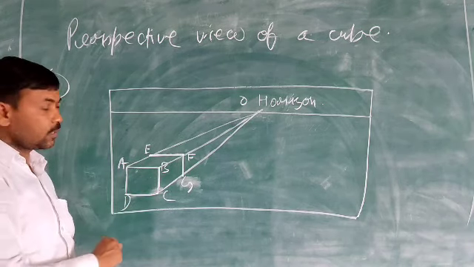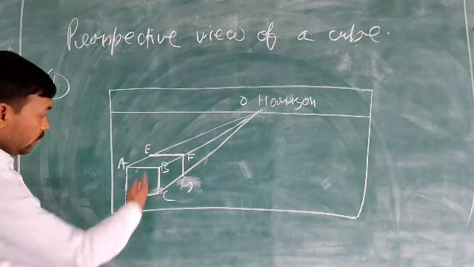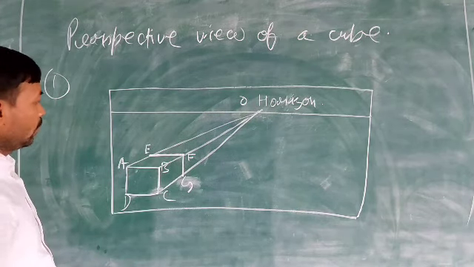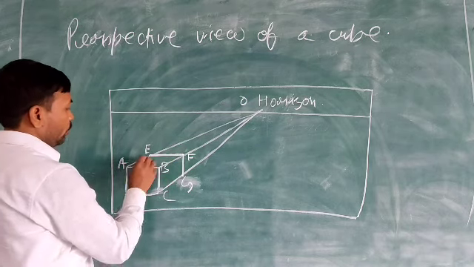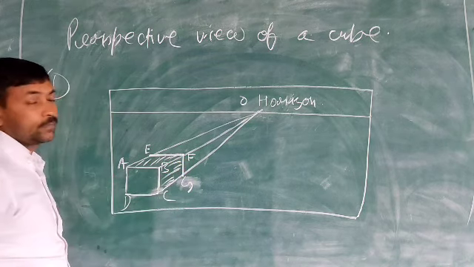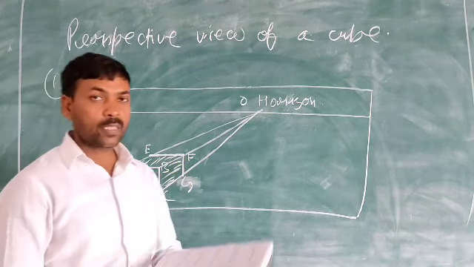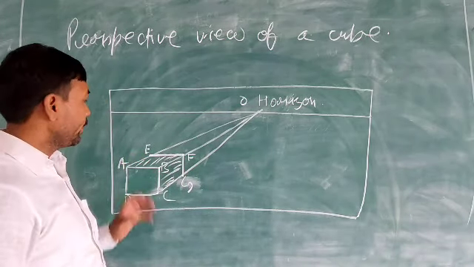This was 2 dimensions and now this object is showing 3 dimensions. So this is the perspective view of a cube. In this way you can complete it. I hope you understand how to do it. When you understand, you can do it again.